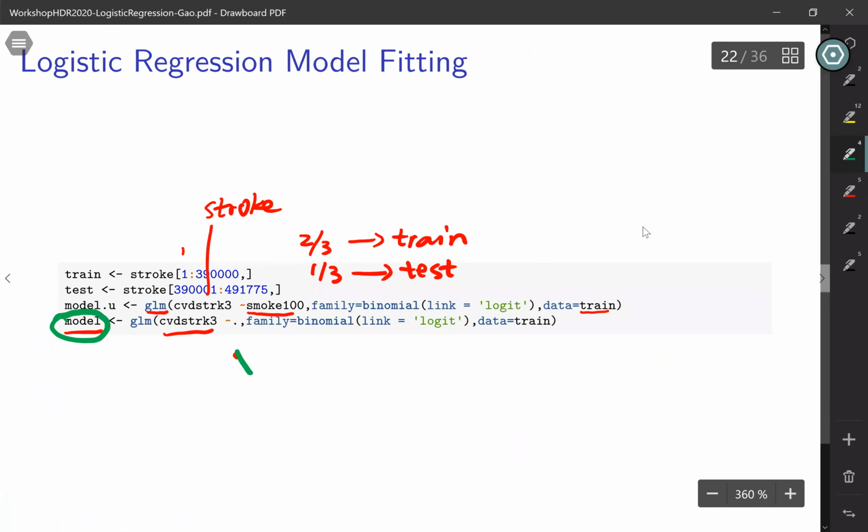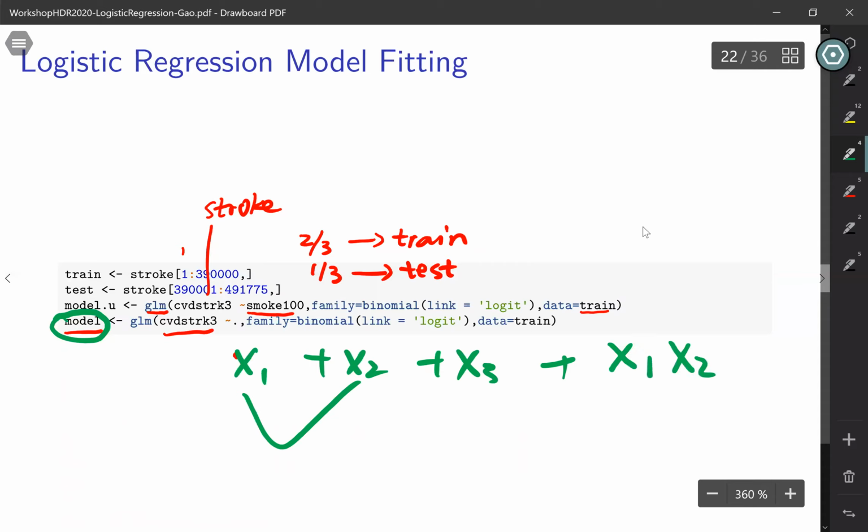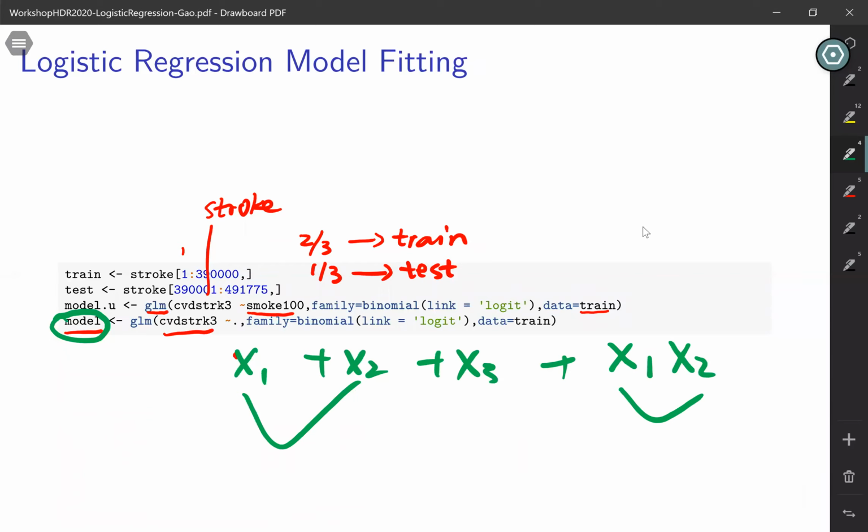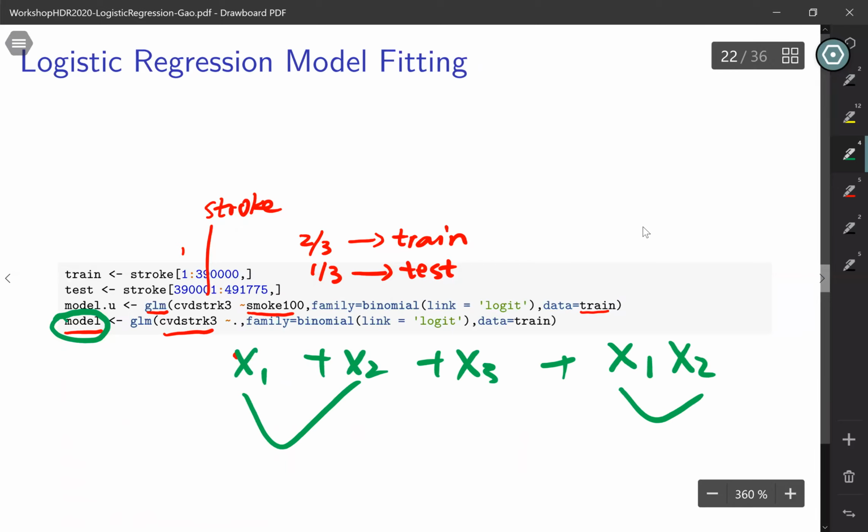If you have x1, x2 and x3, and you want the interaction between x1 and x2, you can easily put x1*x2 in R. This looks like multiplication, but it doesn't really mean multiplication. It just means the interaction between x1 and x2.